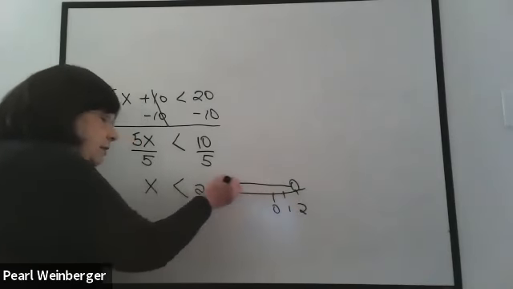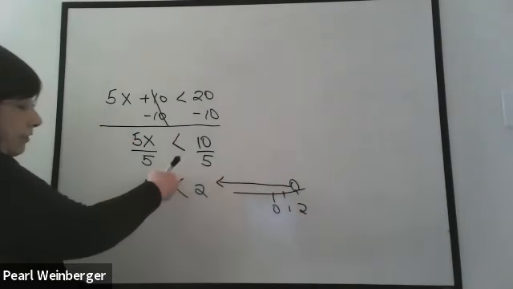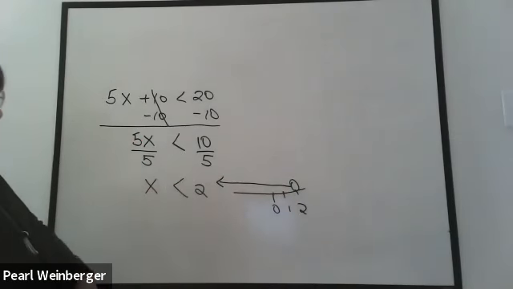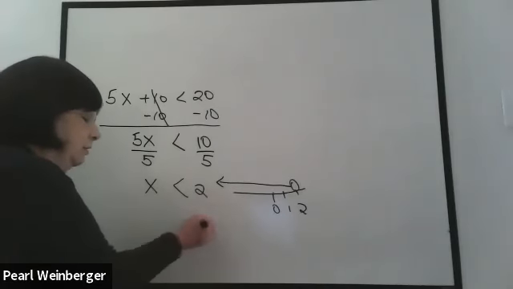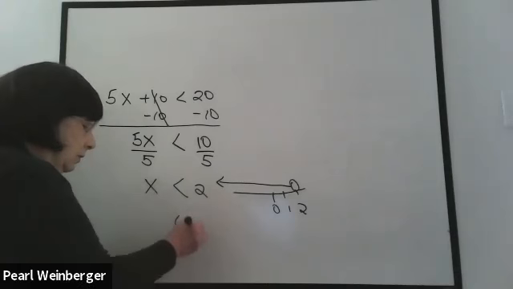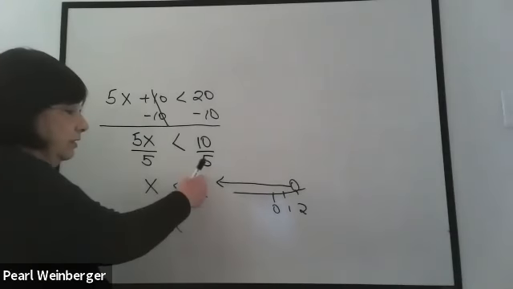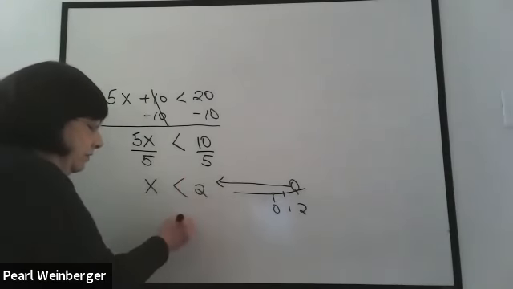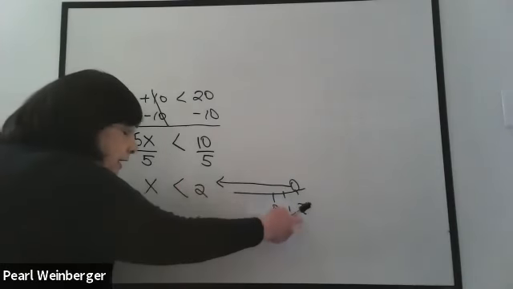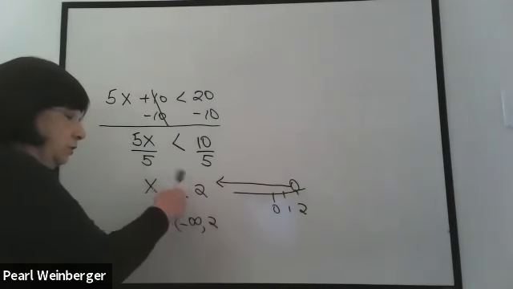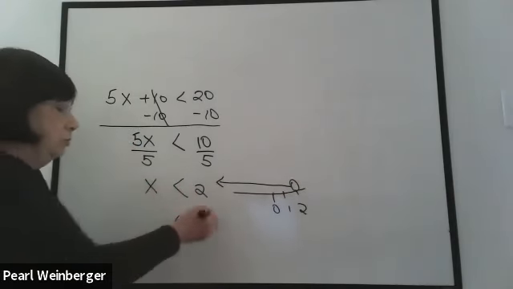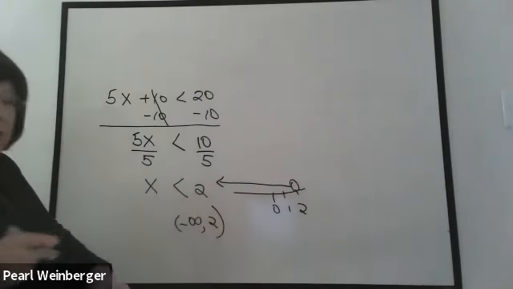It's an arrow going to the left because this arrow is pointing to the left. And in my interval notation, it's starting here at the left at negative infinity, and it's ending here at 2. And since this is an open circle, because it didn't include the 2, we use a parenthesis.